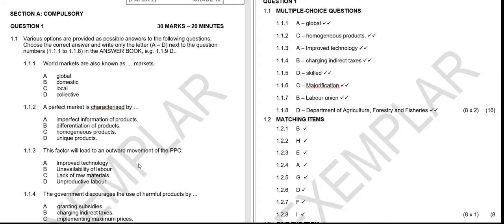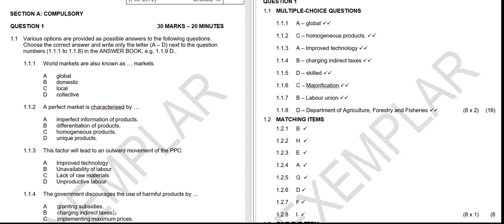We have different responses that can lead to an outward movement of the PPC. We have improved technology. Remember, technology is part of capital as a resource or as a factor of production. So if there is an improvement in the resources, obviously the capacity is also increased. So we're going to have an outward shift of the PPC. So A is the correct response.